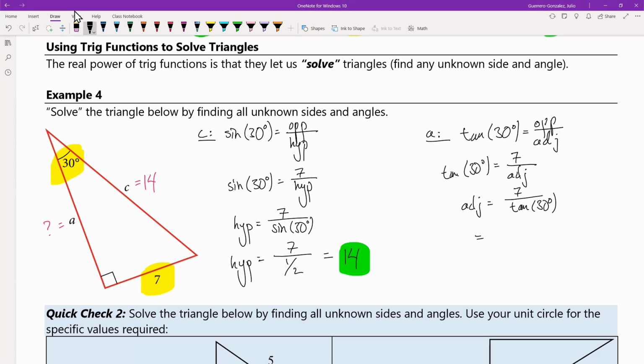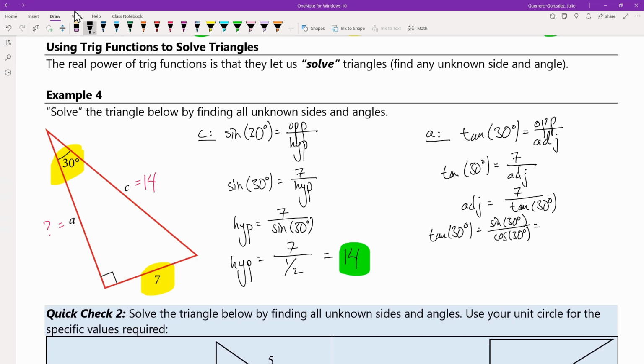Tangent of 30 degrees is sine of 30 degrees over cosine of 30 degrees.